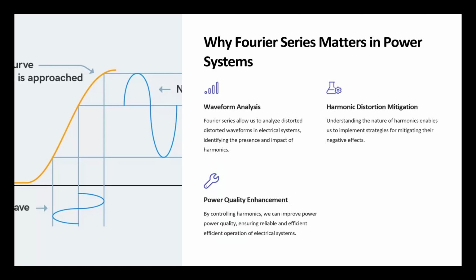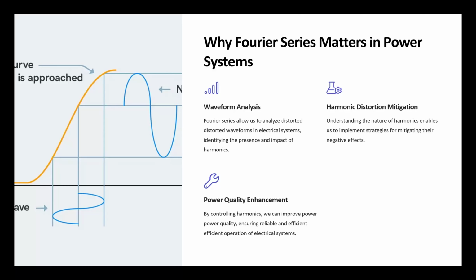So we want to know what's going on in our system. The second one is that if we don't know what kind of harmonic or what frequency of the harmonics we have, we cannot control them or mitigate them. So we have to target them. It's not like we could deal with all of them at once. Okay?